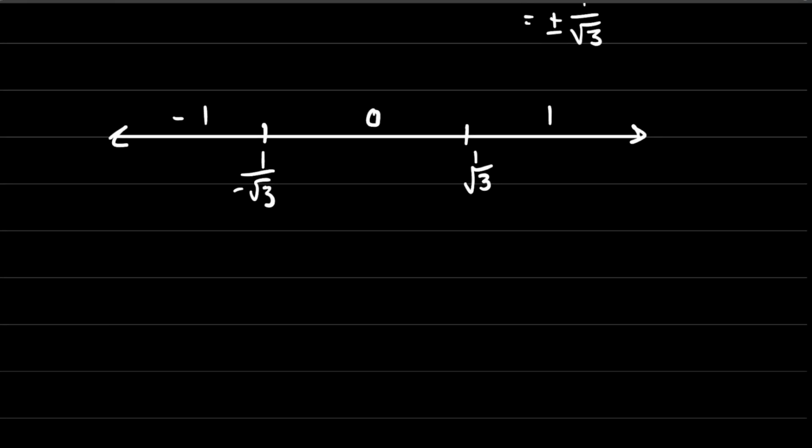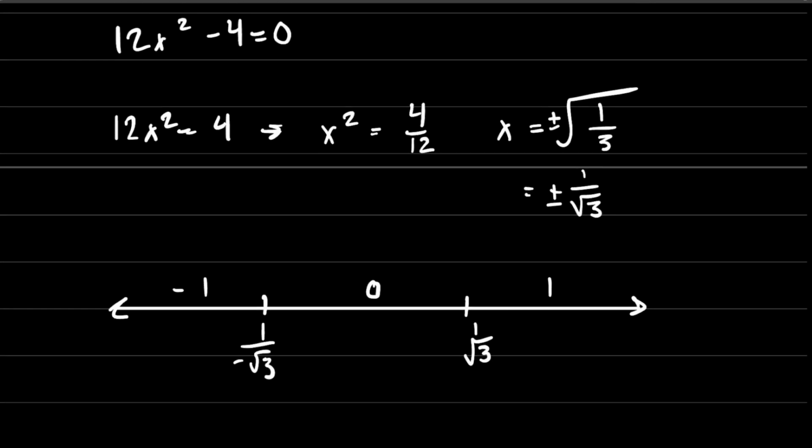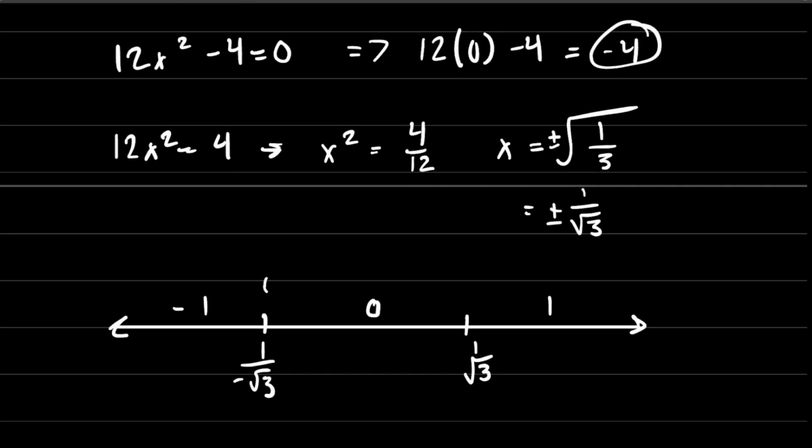So now we are going to want to plug in 0 to our equation here, where we have 12x squared minus 4. So we say 12 times 0 minus 4 is equal to negative 4. So we get a negative number when we plug in anything from this value.